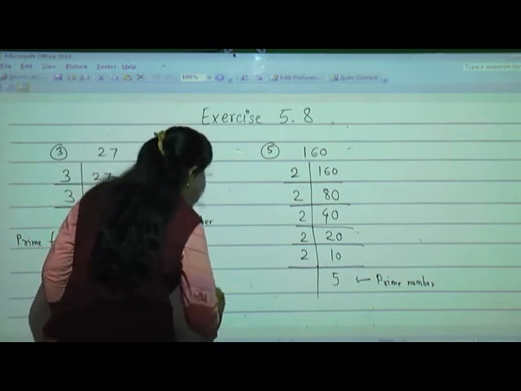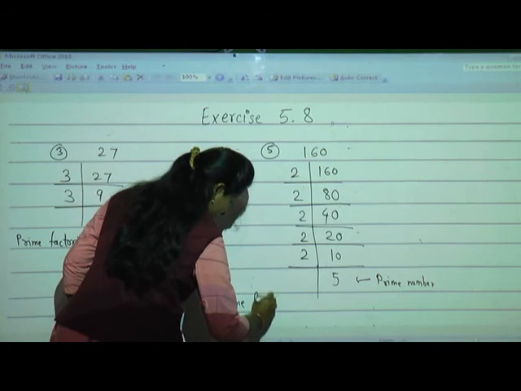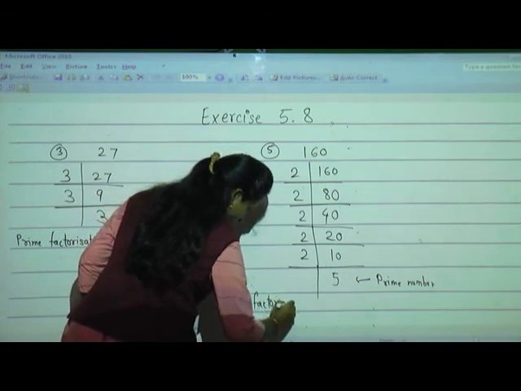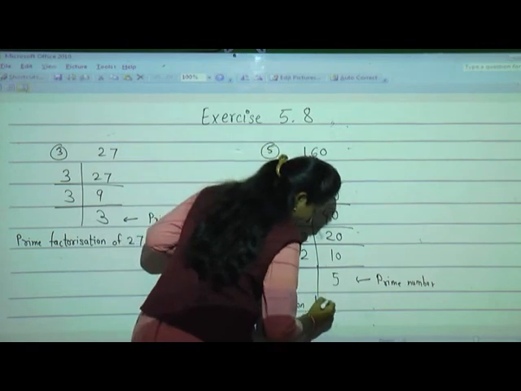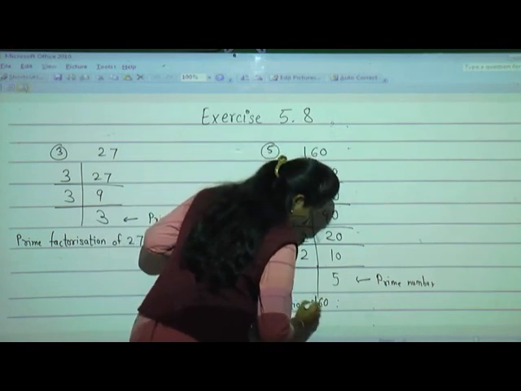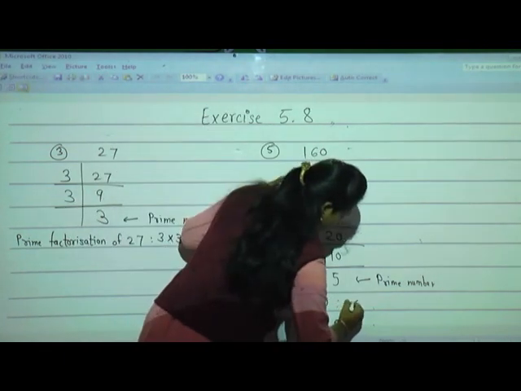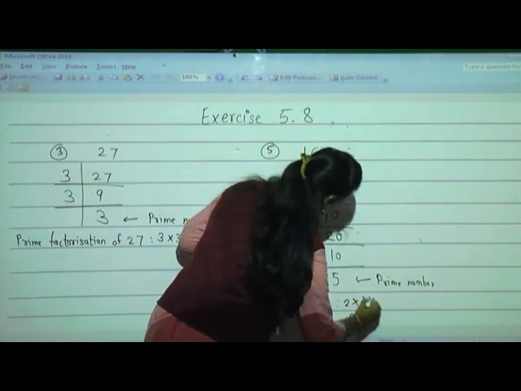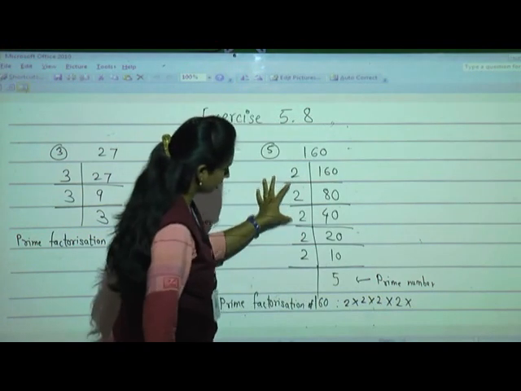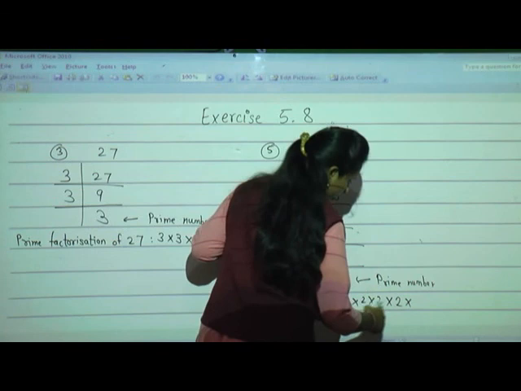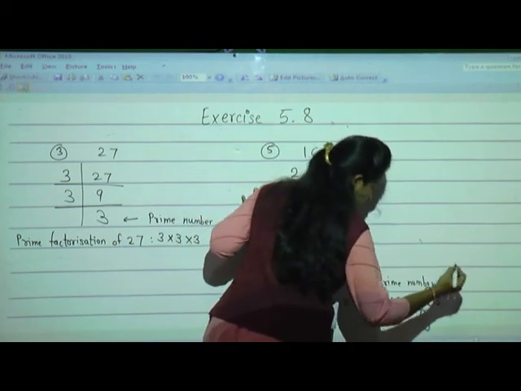So here you can write at the end, prime factorization of 160, isn't it? What is the prime factorization? 2 multiplied by 2 multiplied by 2 multiplied by 2 multiplied by 2, how many times? 1 2 3 4 5, multiplied by at the end the prime number, that is 5.